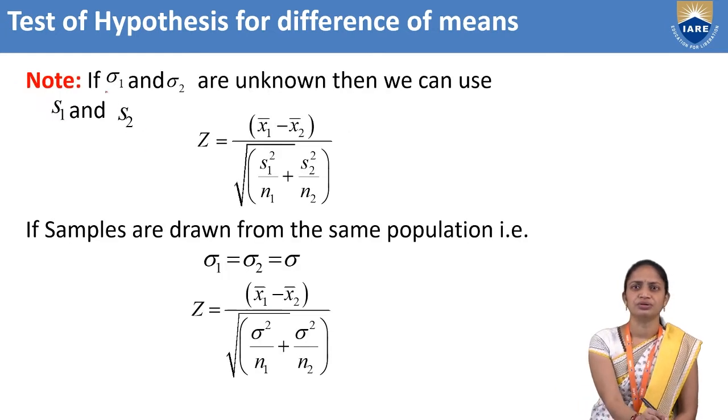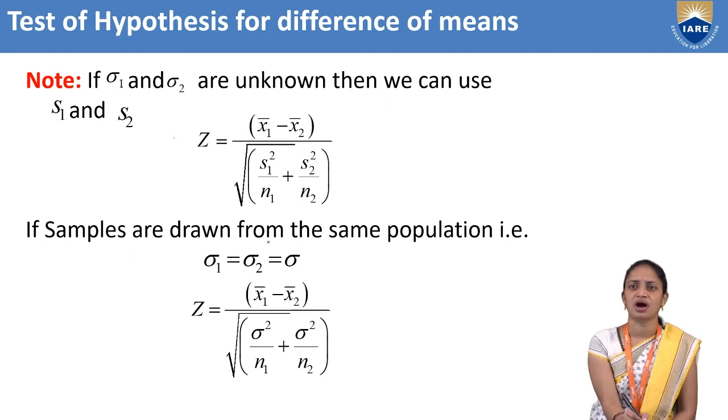Okay, so note, if sigma 1 and sigma 2 are not given, then we can use S1 and S2. In that case, Z equal to x1 bar minus x2 bar divided by under root of S1 square by n1 plus S2 square by n2.